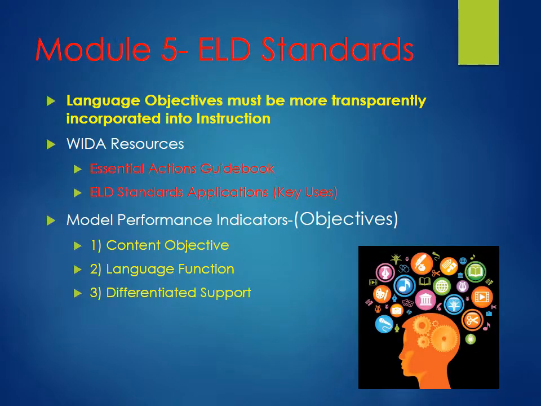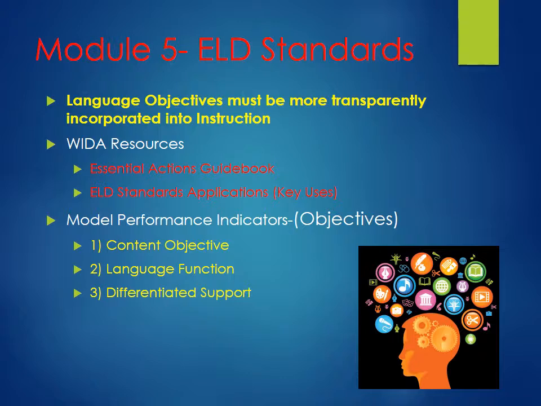This is just a preview of what you will see in Module 5 about English Language Development Standards. As I said, we need to be thinking about being more transparent in our instruction of language that serves the purpose of demonstrating knowledge and skills. There will be resources available to you to look further into the development standards and how we use them.